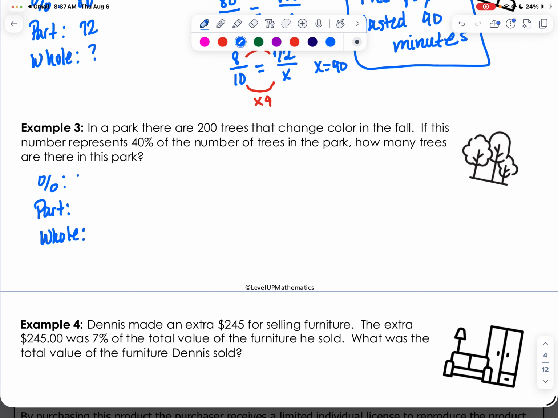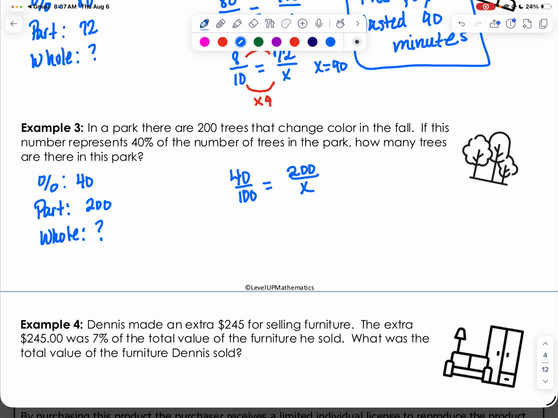We know the percent is 40%. We know there are 200 trees that change color, but we do not know the total number of trees in the park. So I'll say 40 over 100 is equal to 200 over x.